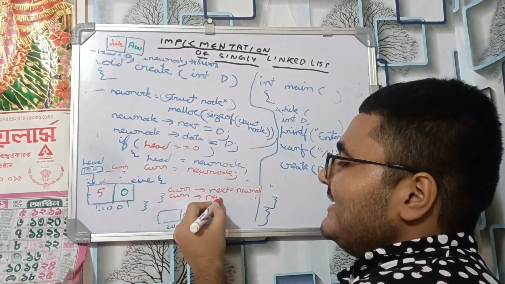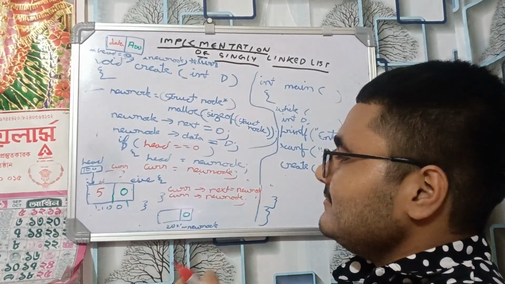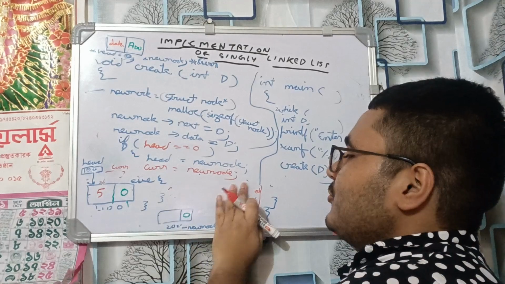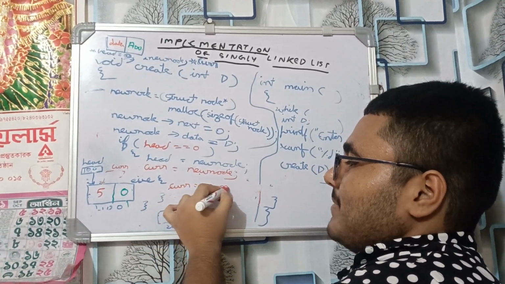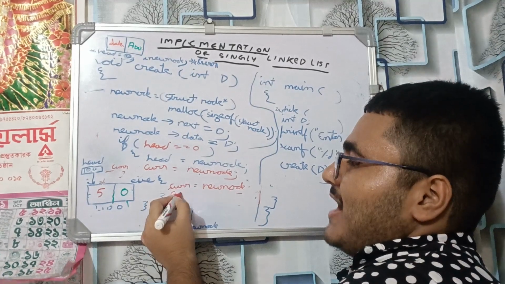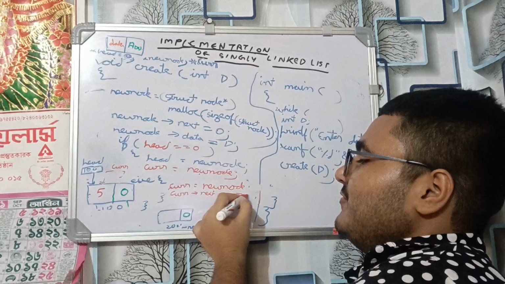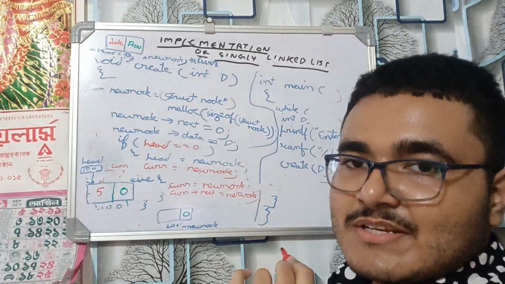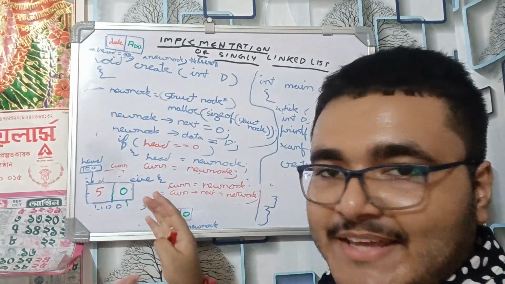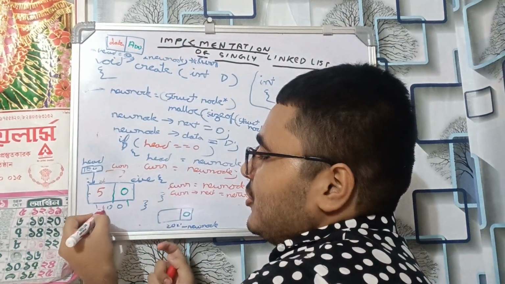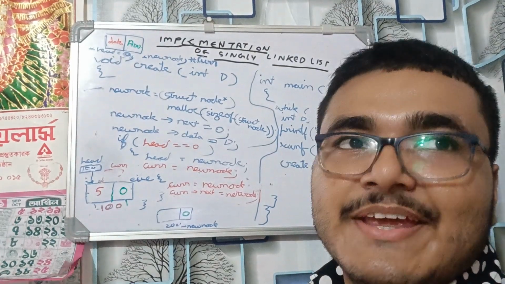Okay, current equal to new node, and then current next equal to new node. So you have to be very careful about these lines. Okay, if you mess with a single thing, the whole linking process will be gone, and your linked list will also be gone. So you have to be very careful.